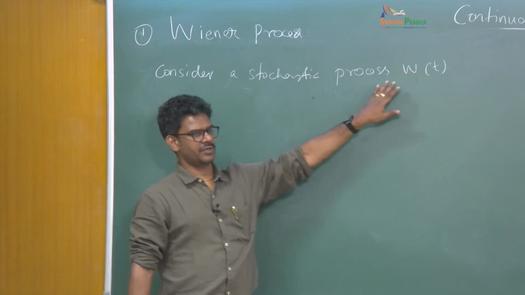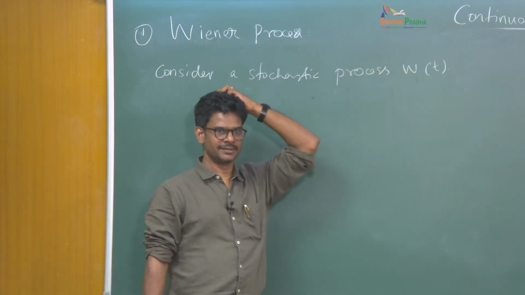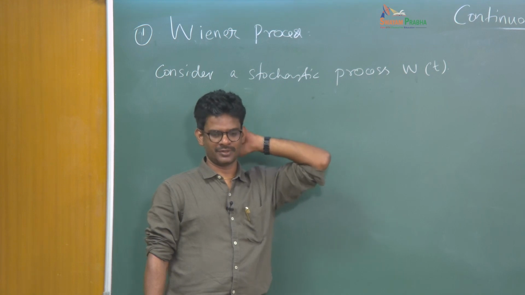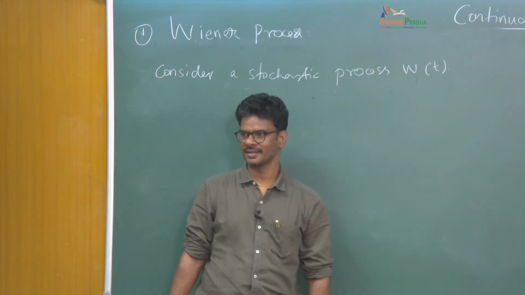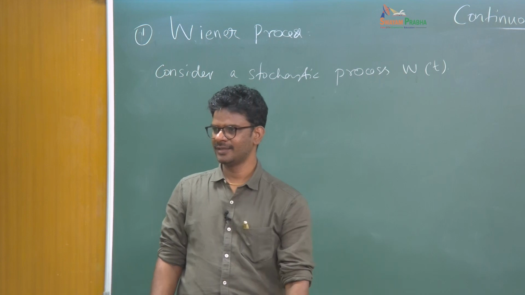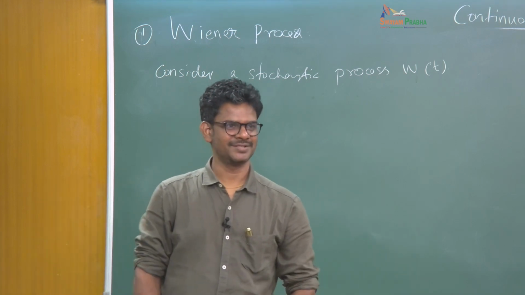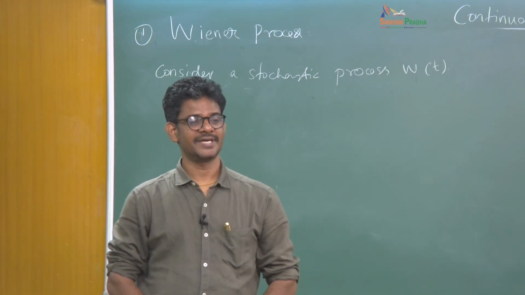So we have a stochastic process. What's a stochastic process, by the way? What do we mean by stochastic process? A probability distribution function, back to class 0. With time, what's happening?